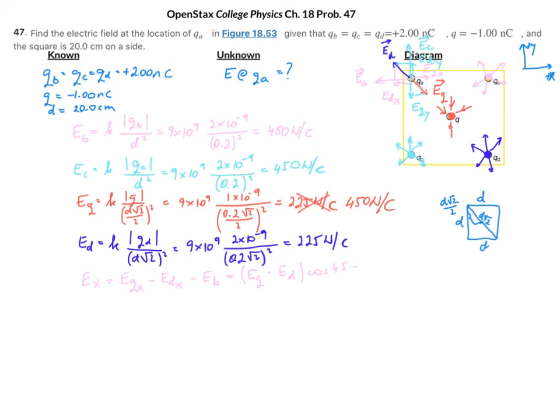I could have used sine 45 as well, minus E sub B. And when we plug in the numbers, we end up with negative 291 newtons per coulomb.